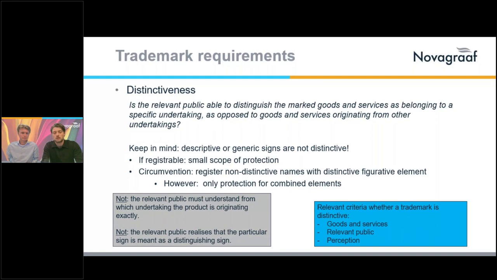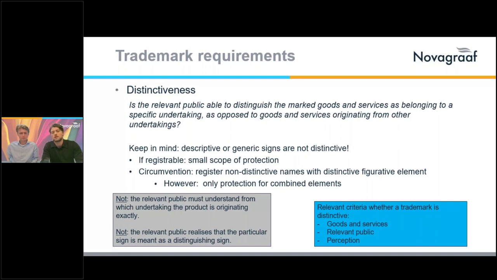So keep in mind, descriptive or generic signs are not distinctive and cannot be registered as a trademark. Fantasy trademarks work best, fantasy names, and also when you do want to have some suggestiveness in there, that's also good. But if it's purely descriptive or generic, it's not registrable.